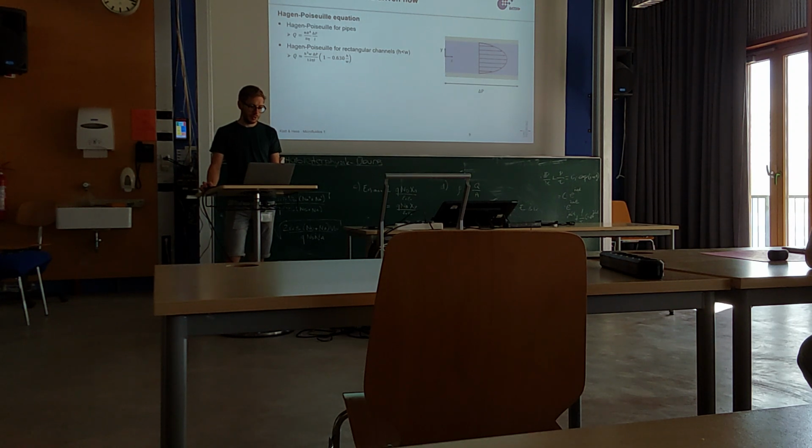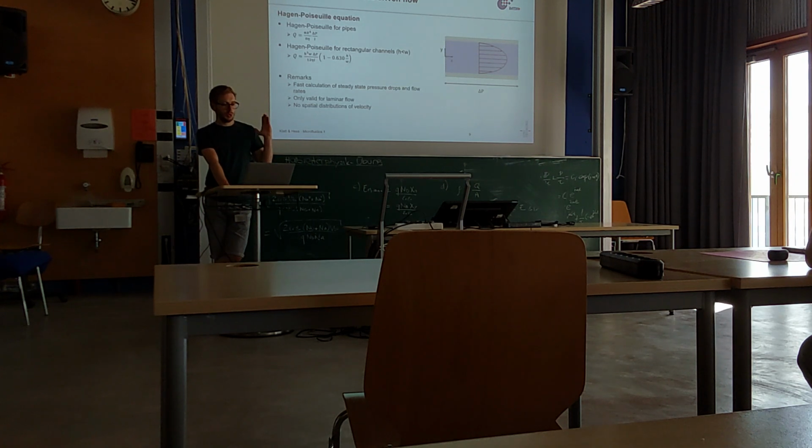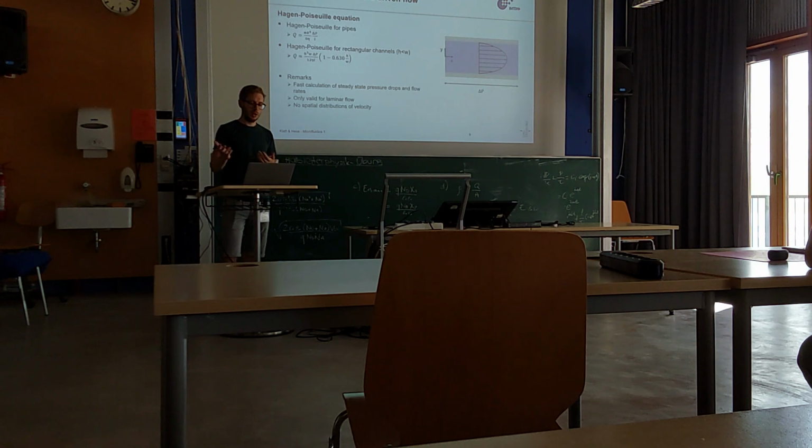So instead of the radius, here we have the height and the width of the channel and some geometry factors. And if you want to use this Hagen-Poiseuille equation, and you will use it in the exercise and probably also at some point in the exam, please be aware that while it does allow you the fast calculation of pressure drops and flow rates, it's only valid for laminar flow.